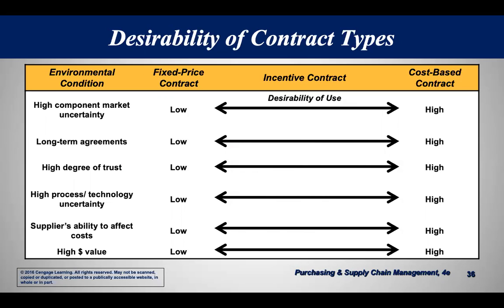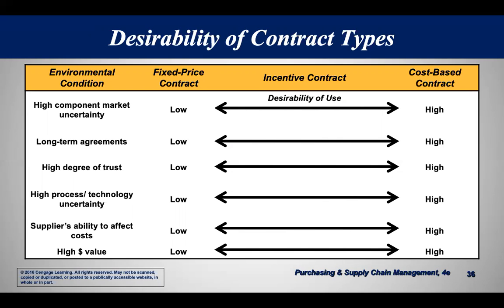So on the left-hand side here, it says if there's a high component market uncertainty, then the desirability of use of a fixed price contract versus a cost-based contract, the cost-based contract is more desirable versus a fixed price contract. And that's for both sides. So there's uncertainty. The next one down, long-term agreements.